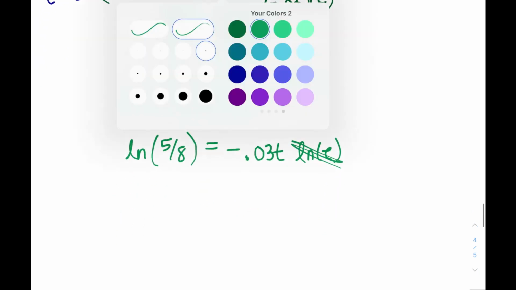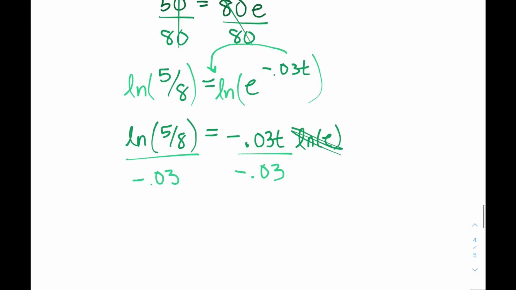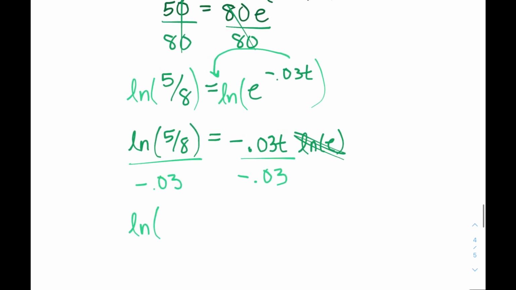So that goes away. Then I divide both sides by negative 0.03, and into my calculator I type natural log of 5 divided by 8 over negative 0.03, and that will give me t, which let's see what that is. Natural log 5 divided by 8, close parentheses, divided by negative 0.03.